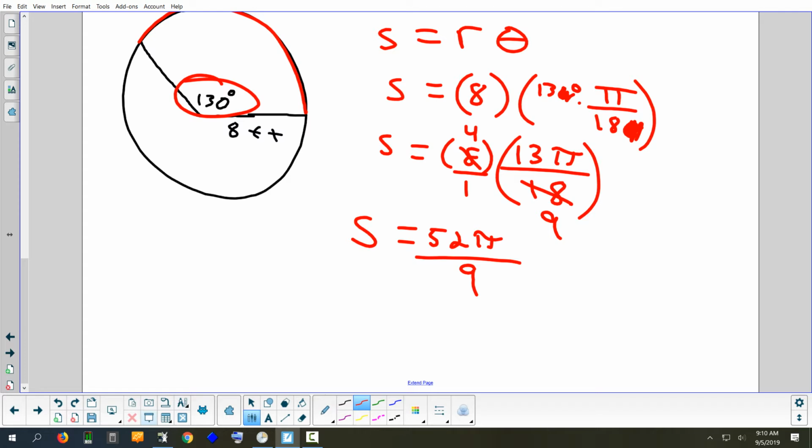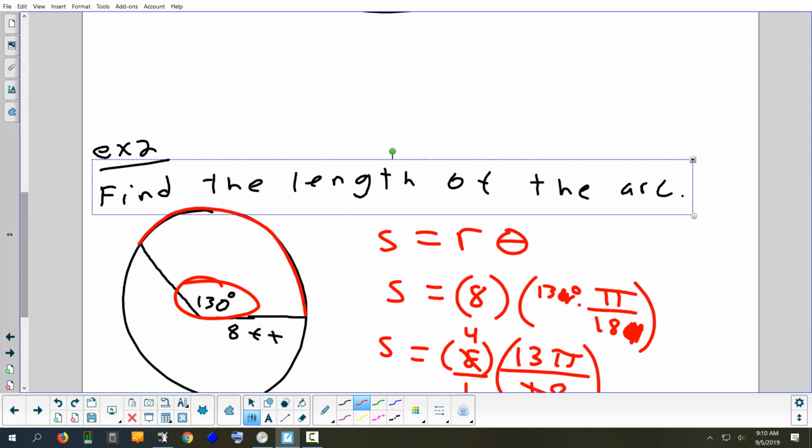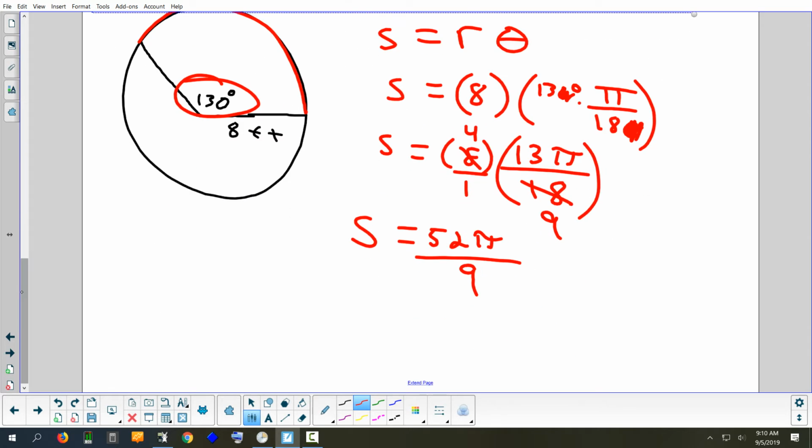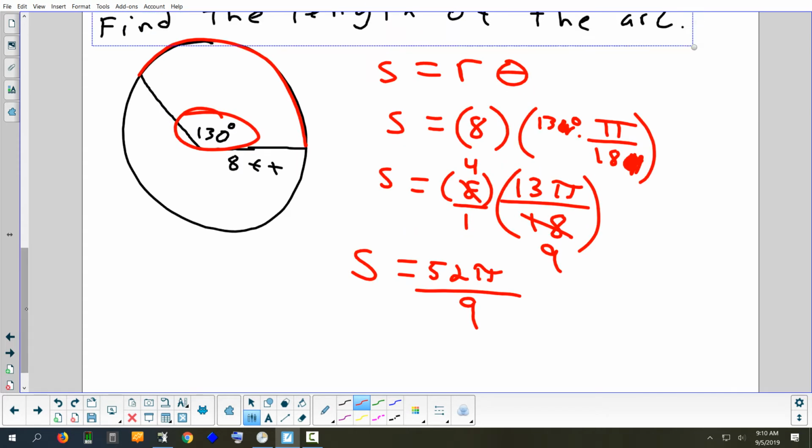So what's S? Yeah, the arc length, right? So we were finding the arc length. Okay, that's what they asked us to find. Yes, we had to convert the angle to radians to do that, but the goal was to find the arc length. Okay? So what were my length units in this problem? Feet. So that's 52 pi over 9 feet.